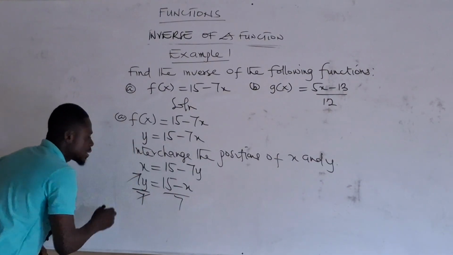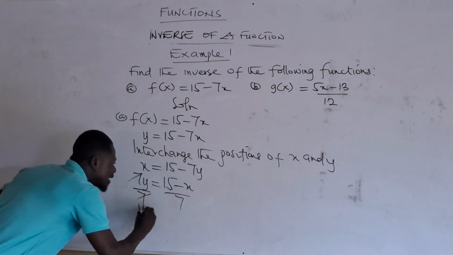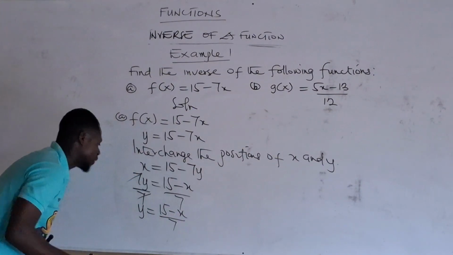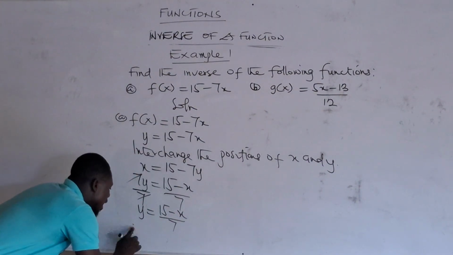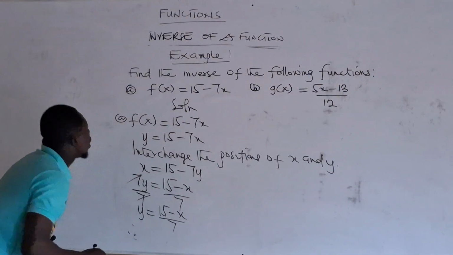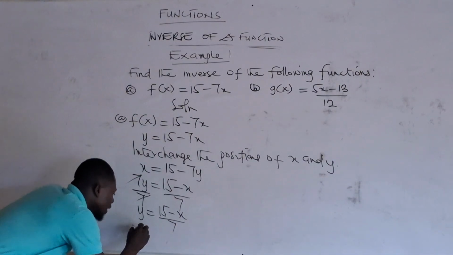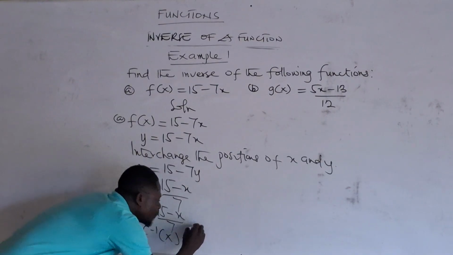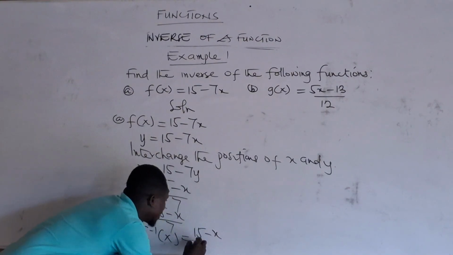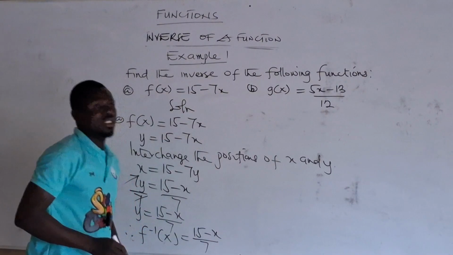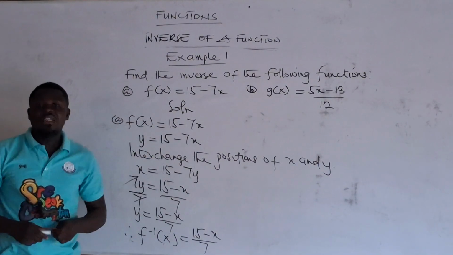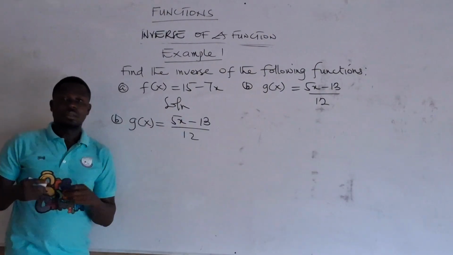So this cancels this. Now our y is equal to 15 minus x divided by 7. Therefore, the inverse function of f of x will be written as f inverse of x is equal to 15 minus x all on 7. So that will be the inverse function of the function f of x.